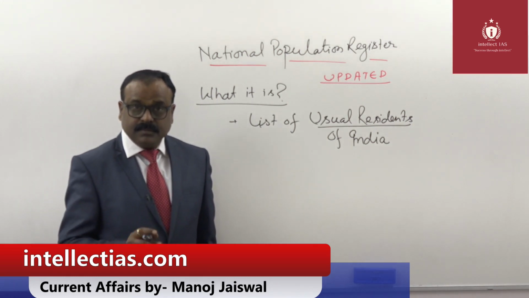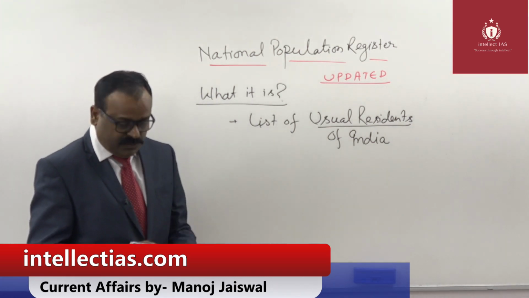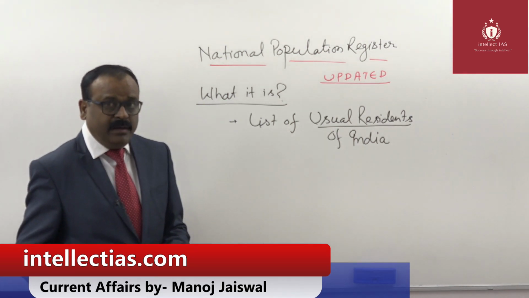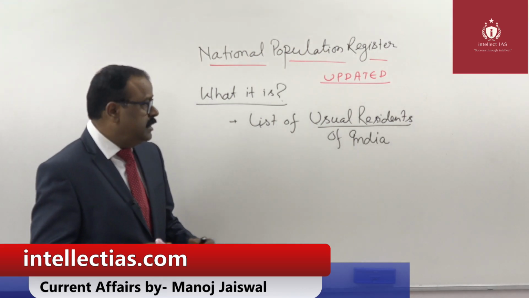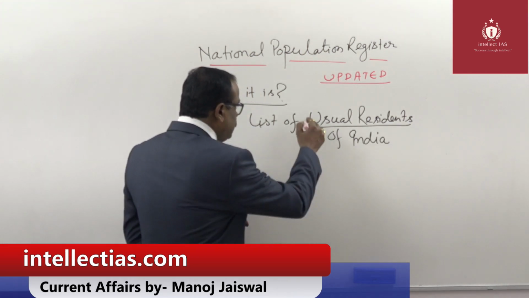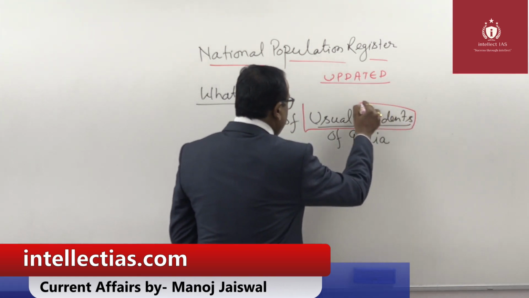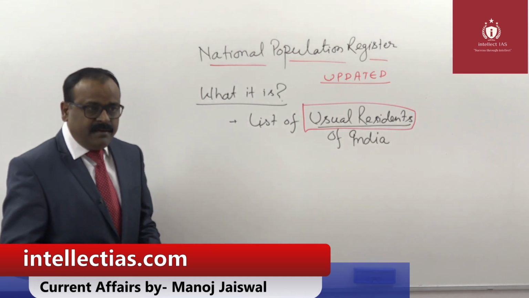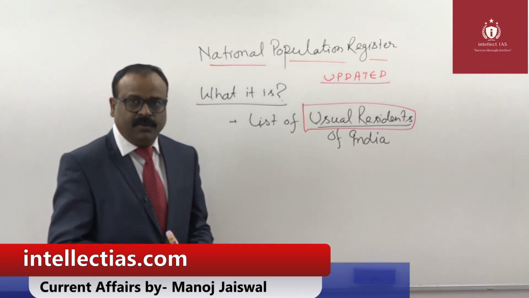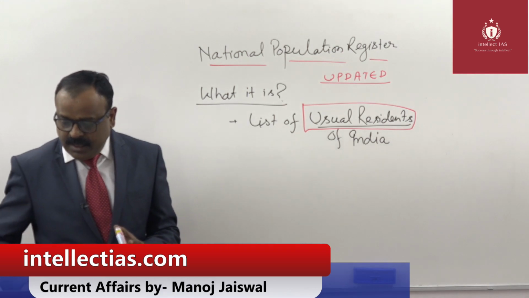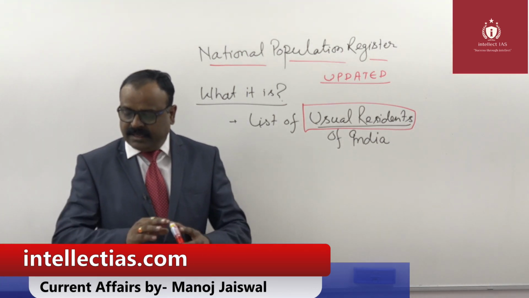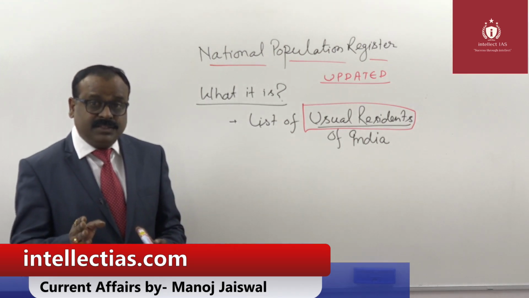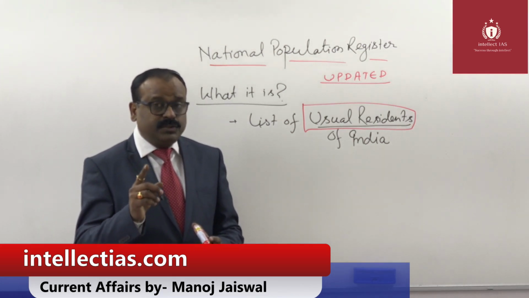Okay? It means that we must know who will be considered as the usual resident of the country. Usual resident has also been defined by the Ministry of Home Affairs, and it is also defined in the Citizenship Amendment Rules 2003.